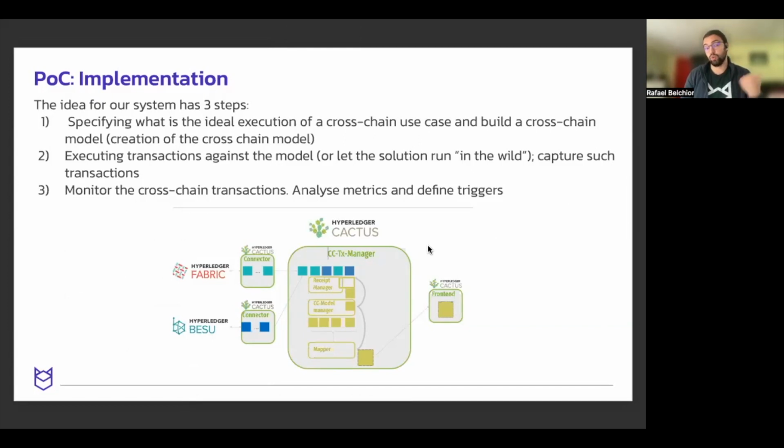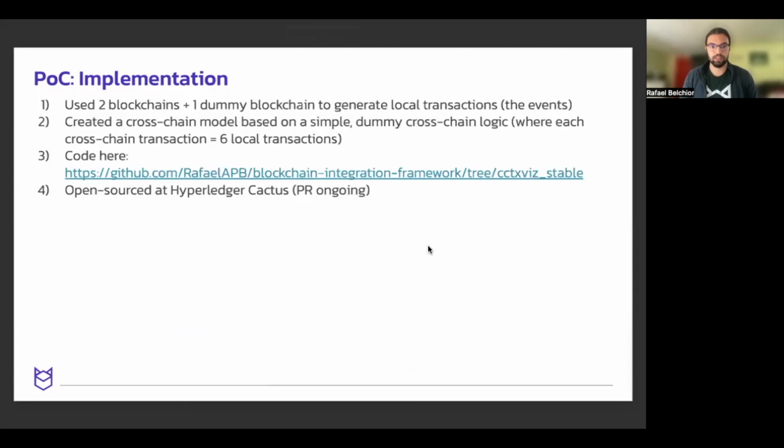These events were sent to our cross-chain transaction manager, which aggregated them and automatically runs these process mining algorithms on top of these events, generating a cross-chain model and analyzing if transactions are conforming to this model after generation, of course. So yeah, it's basically what's here. The code is public, and the data sets we used, which are relatively simple because this is a proof of concept, are available at Hyperledger Cacti.